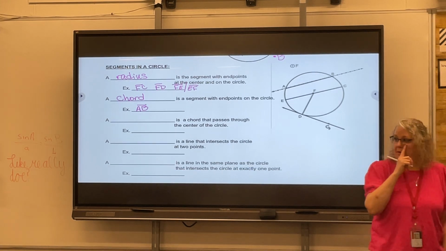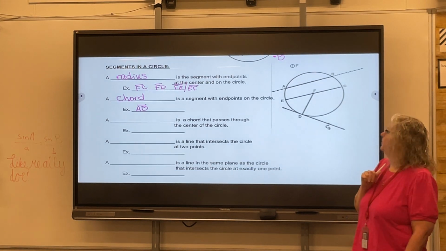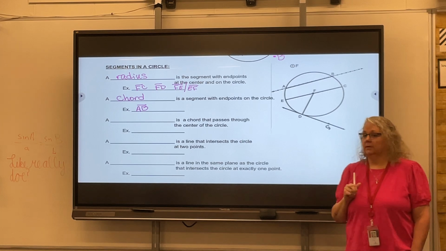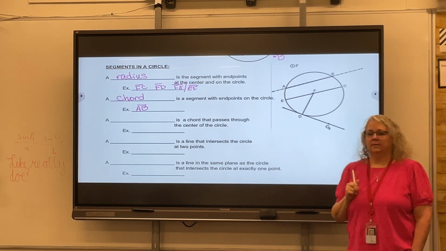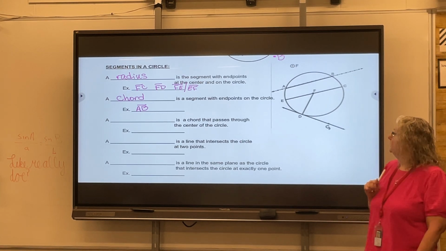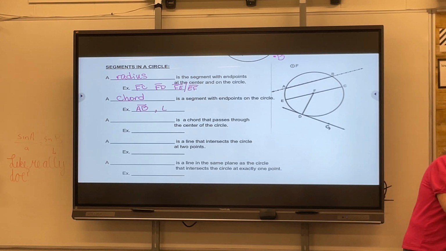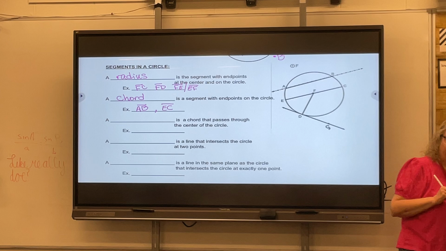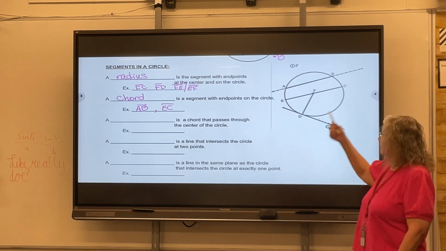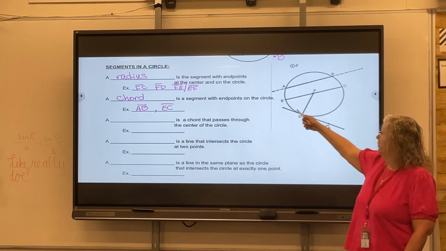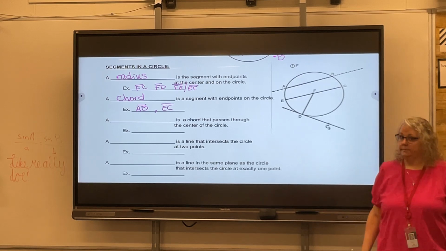A chord is a segment with the endpoints on the circle. So not only is there AB, there's one more in that picture. What's another one? EC or CE. Same thing, because it is a chord with endpoints on the circle.